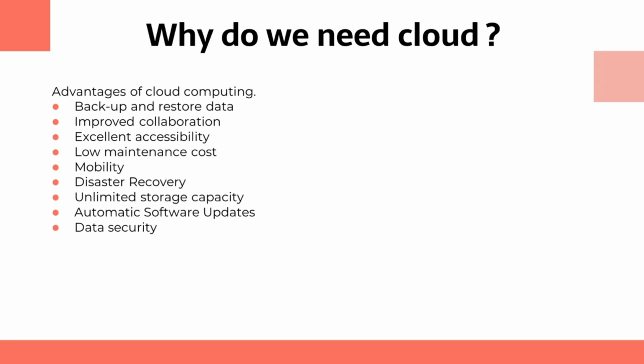The whole region or availability zone goes down, or a natural disaster happens. At that point you can still recover your data from the cloud providers, where they support us in keeping the data in multiple data centers with simple configurations.